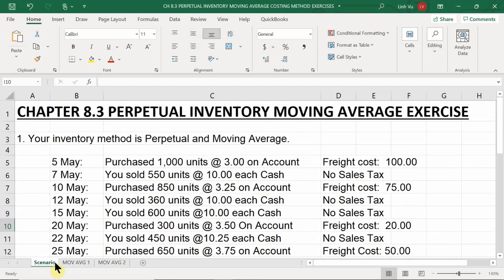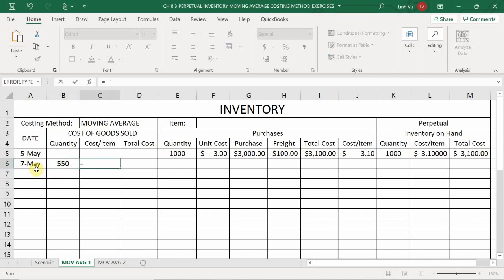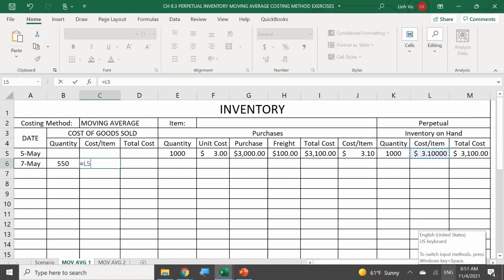So then let's go ahead and see what is next. On May 7th, we end up selling 550 units. What's my average cost per item? $3.10.